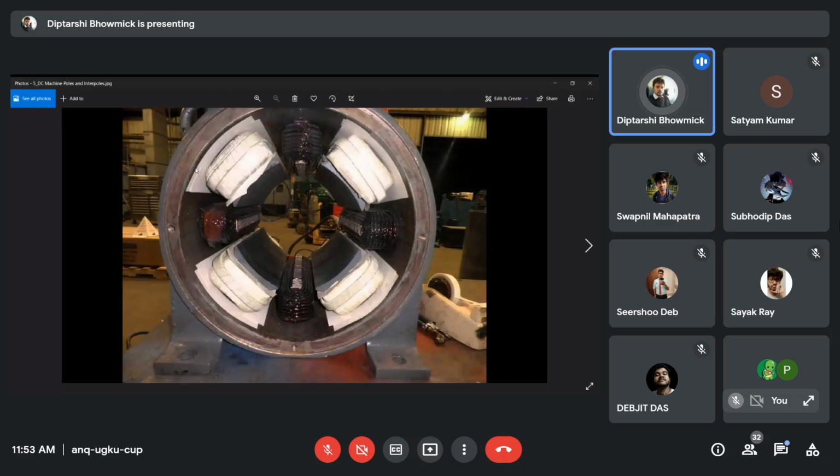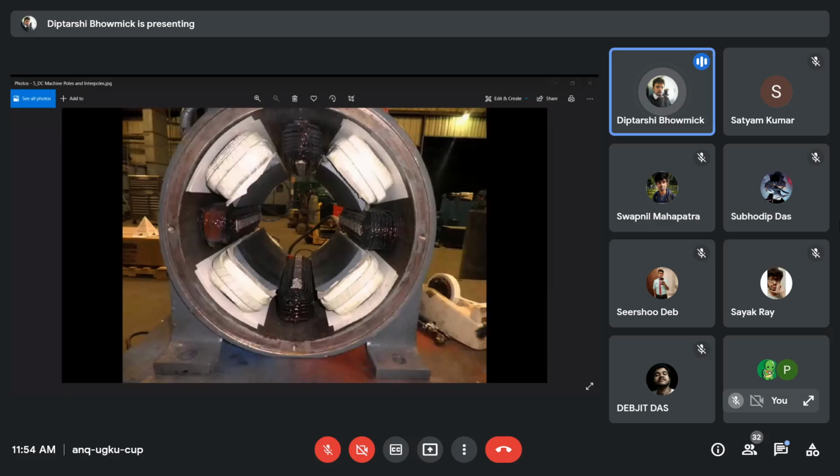Whatever winding is there, where the windings are placed, that may be the armature, that may be the field, they are laminated, because whenever the flux is linked with some part of the machine, that part should be laminated to reduce the eddy current loss. So that's why the stator poles, or the field system of a machine, are also laminated.